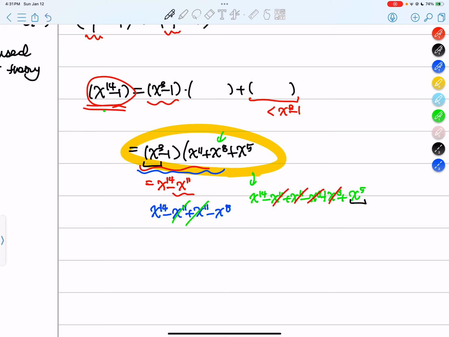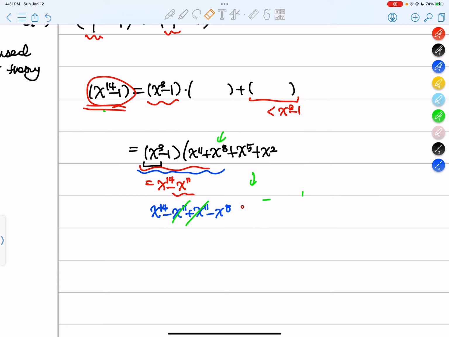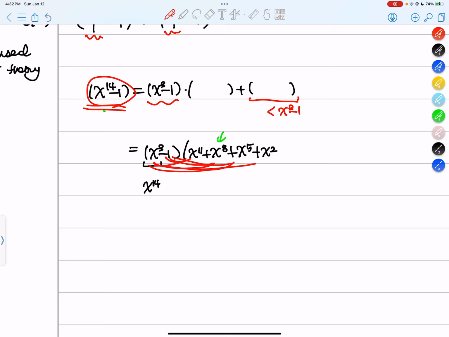Again, this repeated pattern. So I want to make x to the power of 5 by doing x squared. If I do this whole thing now, let's get rid of some of these. Let's see what happens when I do this whole thing. Okay, x to the power of 14. I'm doing it this way, guys. This, and then this, and then this, and then this, and then this.